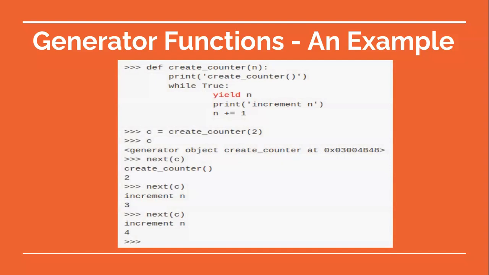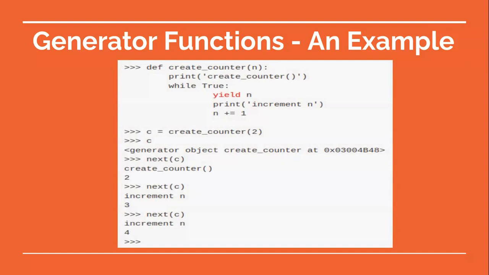To create an instance of the createCounter generator, just call it like any other function. Note that this does not actually execute the function code. We can tell this because the first line of the createCounter function calls print, but nothing was printed from the function createCounter. The createCounter function returns a generator object.